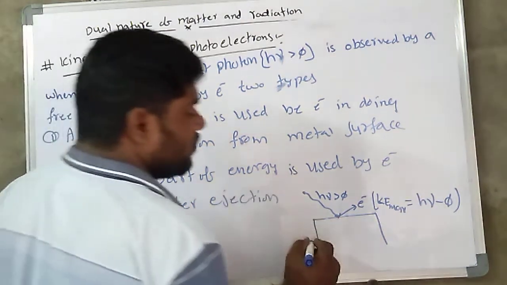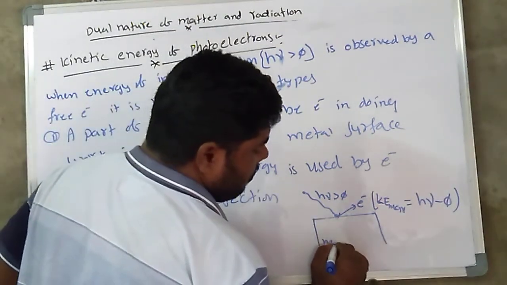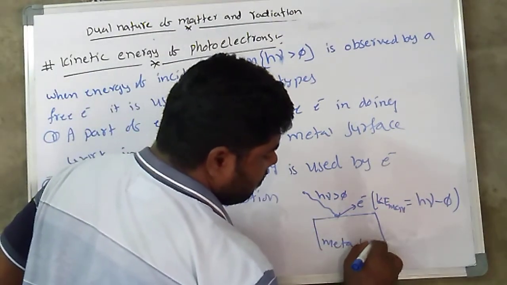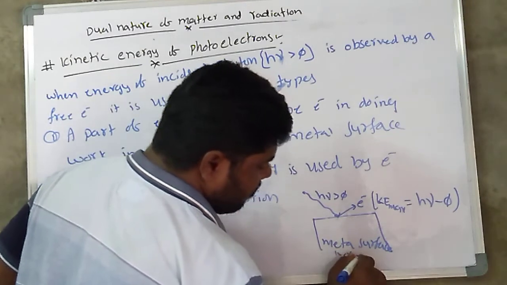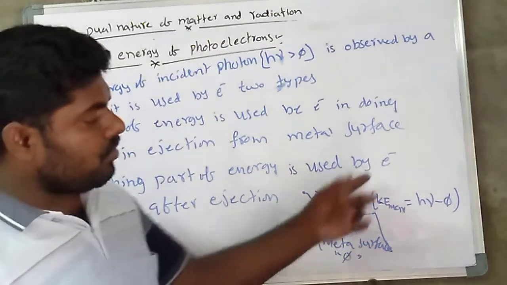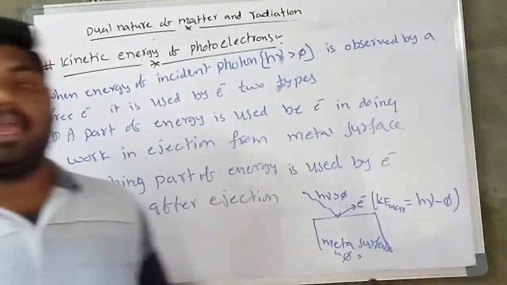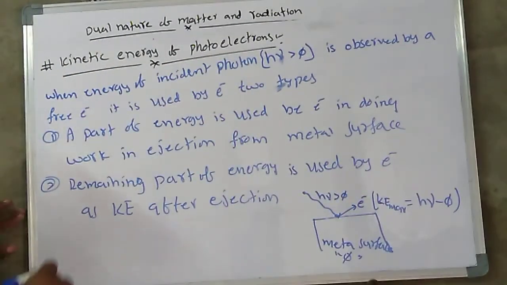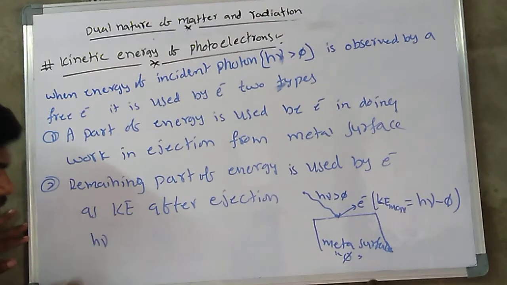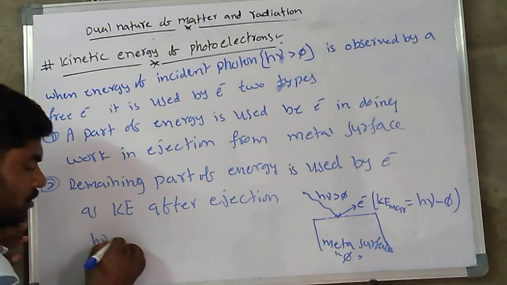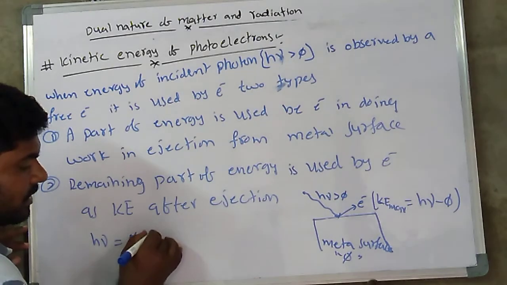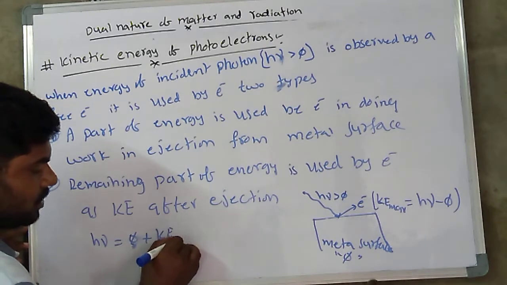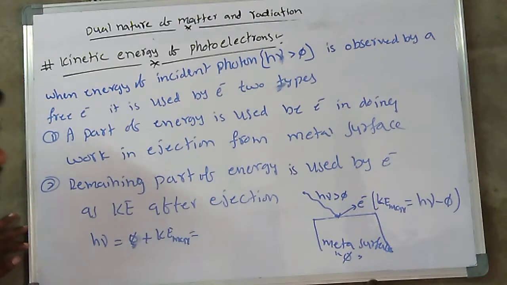Here some part is absorbed by the metal surface, the work function phi, and only the remaining part is ejected. It means h mu is equal to work function plus maximum kinetic energy. That maximum kinetic energy is half m v maximum square.